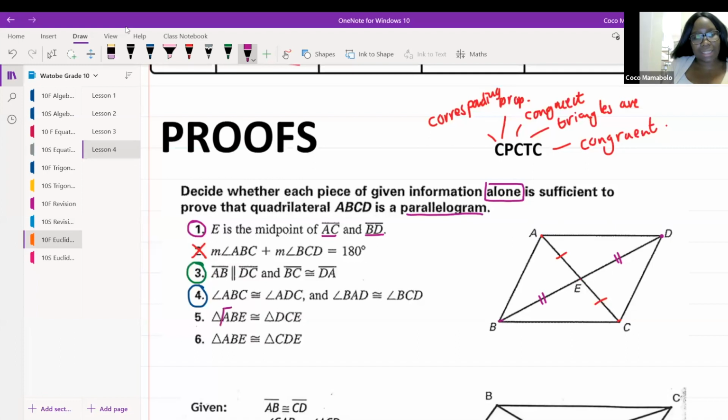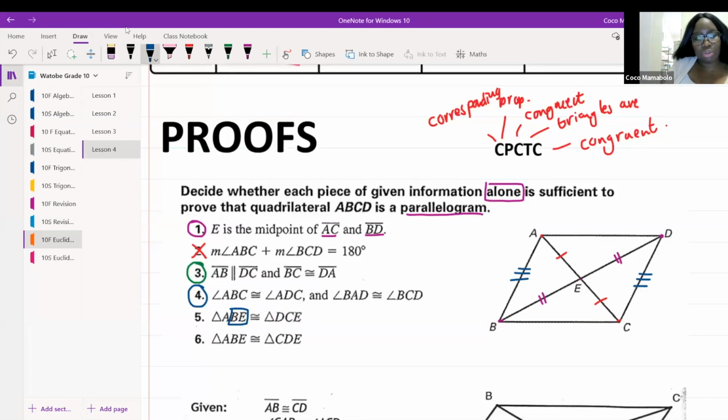So over here it says that AB must be equal to BC. If I look at my triangle, this side, AB, must be equal to BC. Right.